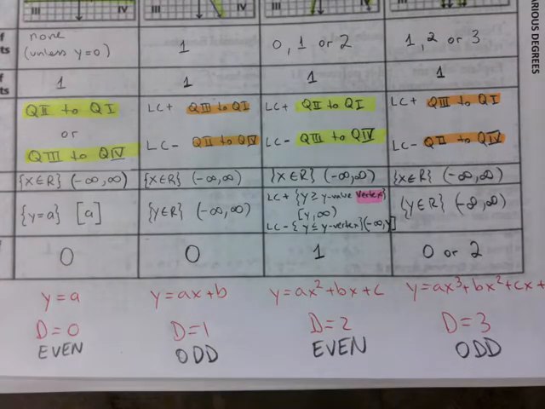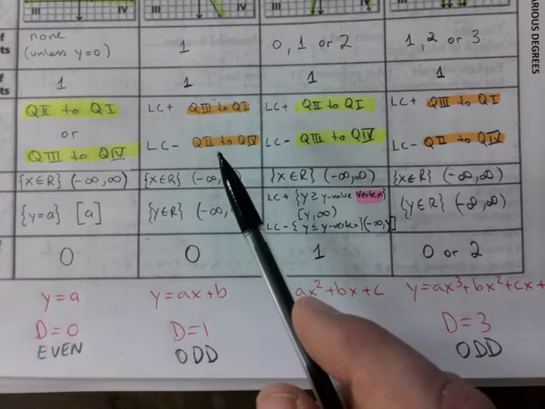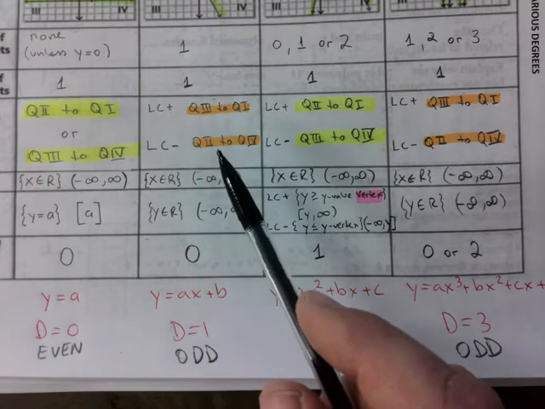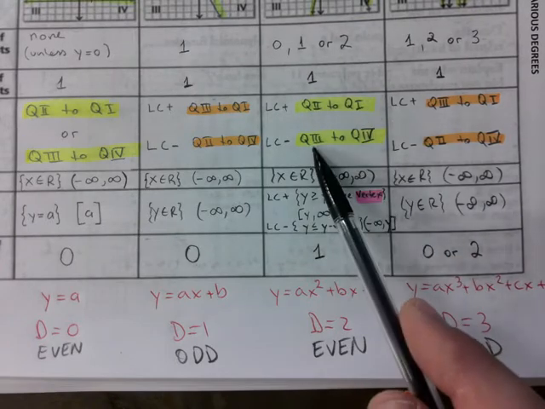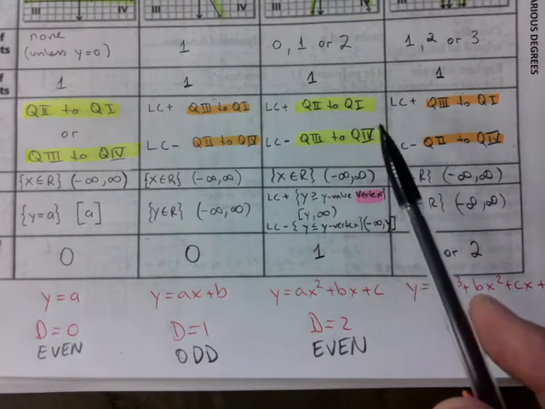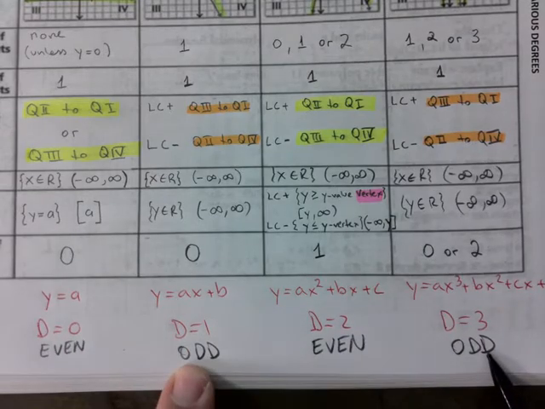So, Mr. Dirksen, are you saying that if I came up with a quartic function. Do you want that quartic? No, we won't do it. We won't do it. But I might ask you, hey, if this is a polynomial with a degree of 8, what would you know about the end behavior? You should be able to tell me it's going to be quadrant 2 to 1 or quadrant 3 to 4 if it's even.